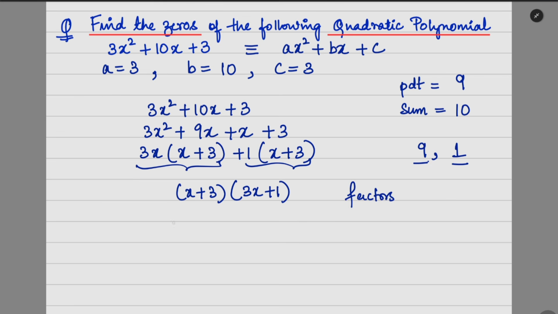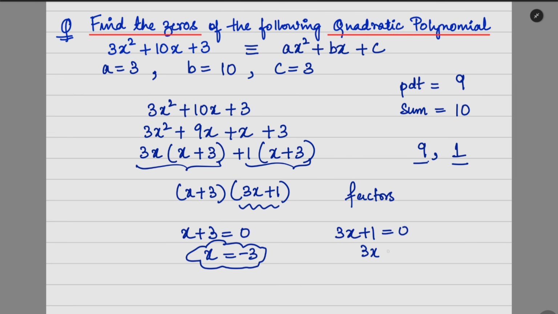And what do you mean? What are the zeros? Just equate x plus 3. Each of the factor you have to equate it to 0. So x will be equal to minus 3. So this is one of the 0, and the other one is 3x plus 1. Yeah, equate this to 0. So 3x is nothing but minus 1, and x is nothing but minus 1 by 3. So these are the two zeros.